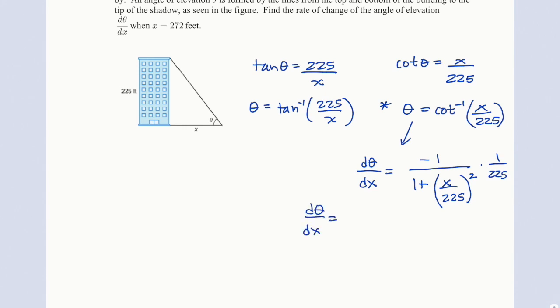First, I'll distribute the 225 to both terms here, and I'll have negative 1 over 225, and that will be x squared over 225. Again, I have 225 squared in that denominator. I'm multiplying by one factor of 225, so one of those is going to be reduced. And then, to clean up the complex fraction, I'll multiply by 225 over 225.